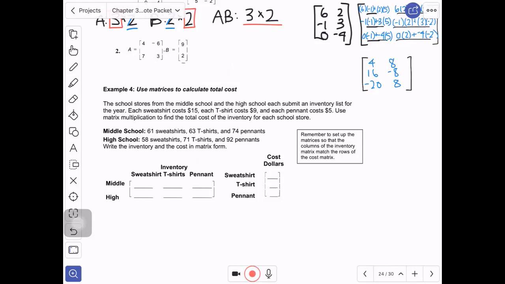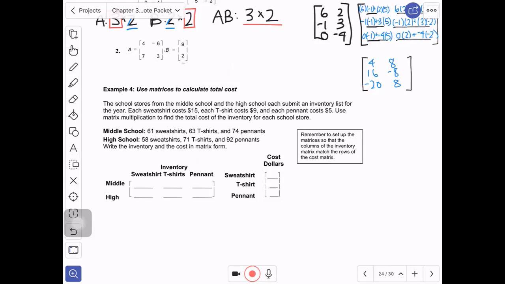So whatever is our first number in our row, which here we're representing to be sweatshirts, must line up with what we would multiply that by in our column. So we have sweatshirt times sweatshirt, and then t-shirt times t-shirt, pennant times pennant. That's how we know how to set that up.